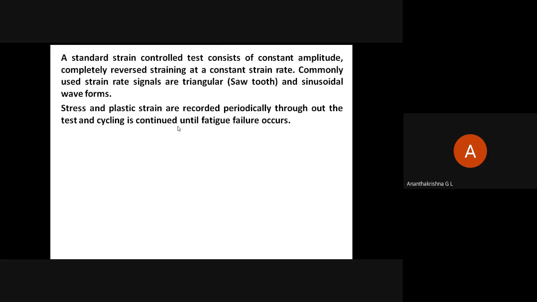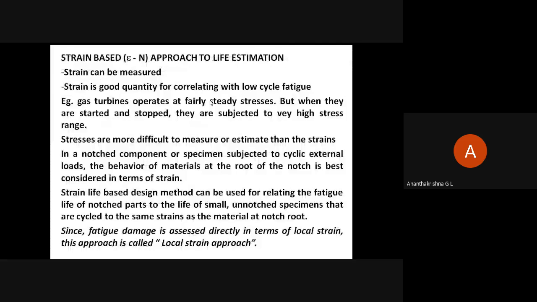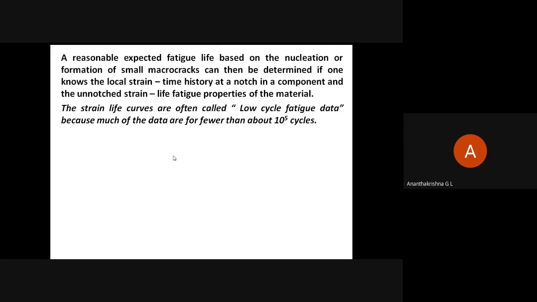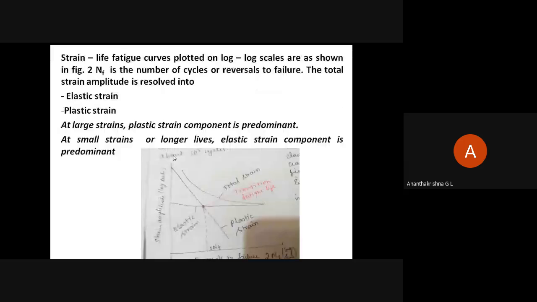Then we learned the strain based approach, and how it is better than the stress based approach. Then we learned about the strain life fatigue curve, which contains elastic strain and plastic strain.